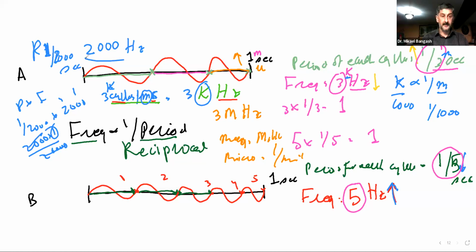Or you can say that since the frequency was 2000 hertz or 2 kilohertz, the period is going to be 2 milliseconds, because milli and kilo are reciprocals. Did that make sense?